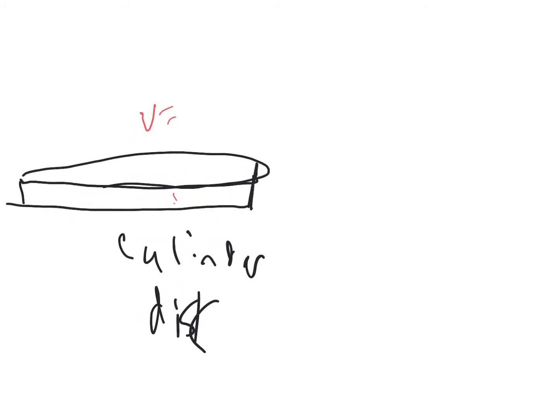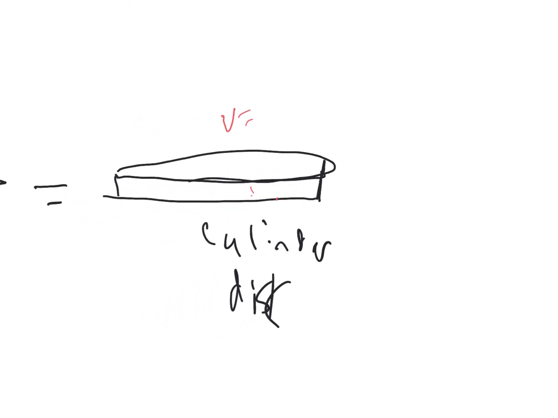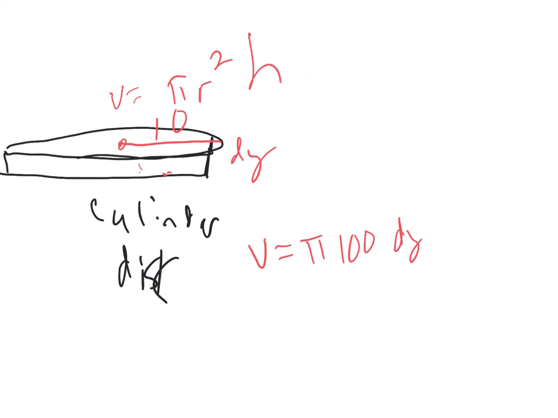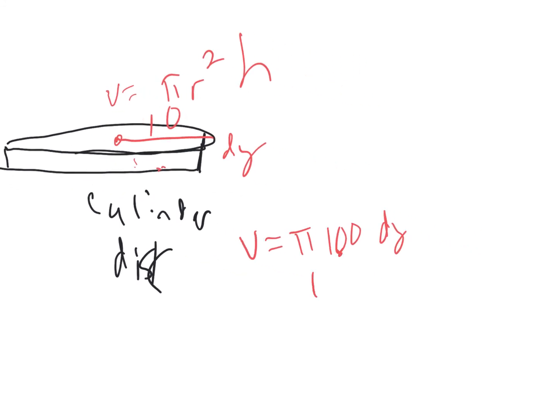So it's important to know how much oil is in this disc. The volume is pi r squared h. H is dy. R is always 10. So every disc has a volume of pi times 100 times dy. Pi r squared, 100 pi dy. That's the volume.